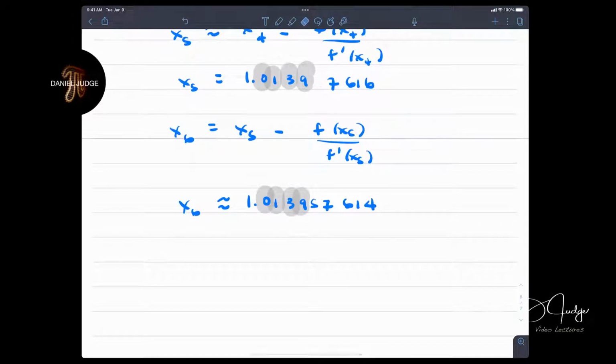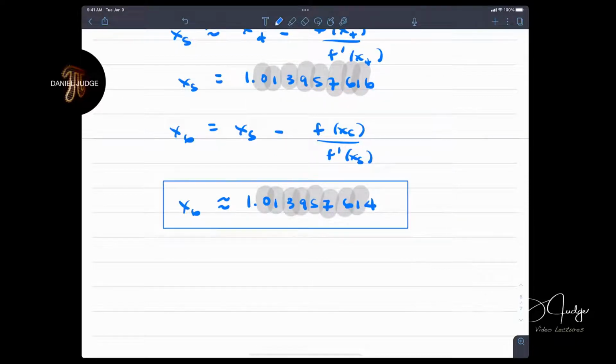But we now have 5. And we now have 7. And in fact we have 6. And in fact we have 1. So ladies and gentlemen, that's more than 6. That's 1, 2, 3, 4, 5, 6, 7, 8. That's 8-digit accuracy.